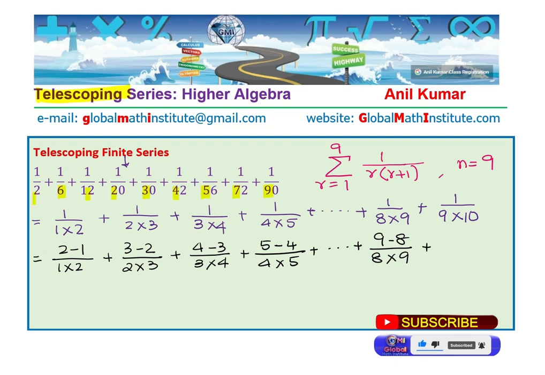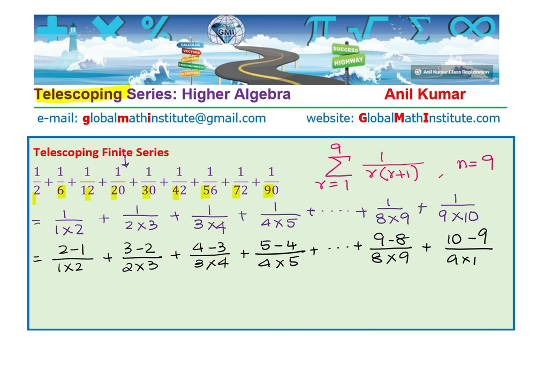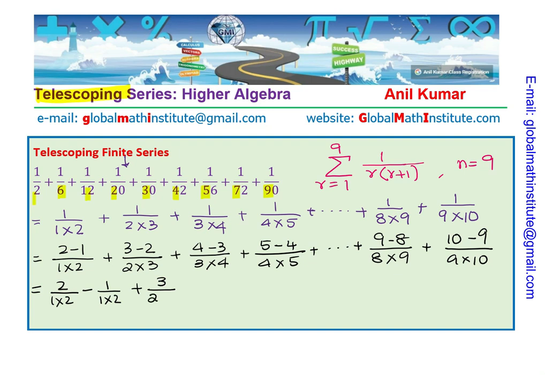Feel free to write down things which you do not understand so that I could help you out. Now, I could write this as 2 over 1 times 2 minus 1 over 1 times 2. The second term I could split and write as 3 over 2 times 3 minus 2 over 2 times 3.